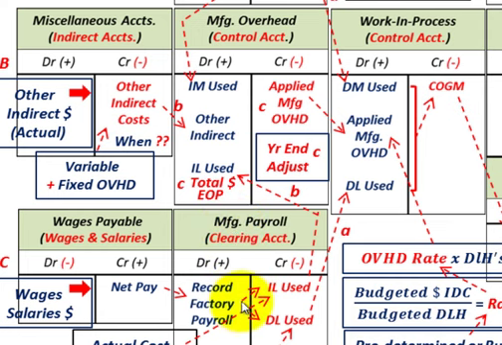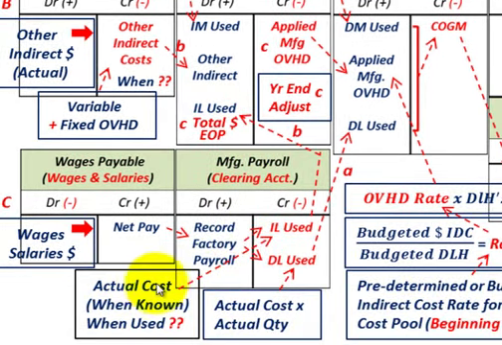And the question is, we're going to try to bring them in at their actual cost. And when are they known? When that particular operation is completed for that product, or some later date when we actually assign or allocate those indirect labor costs.